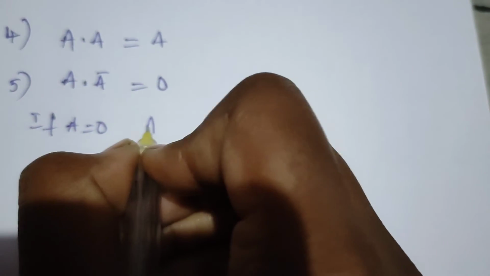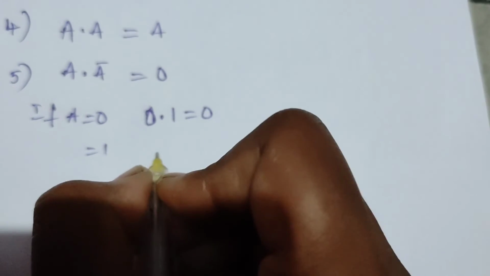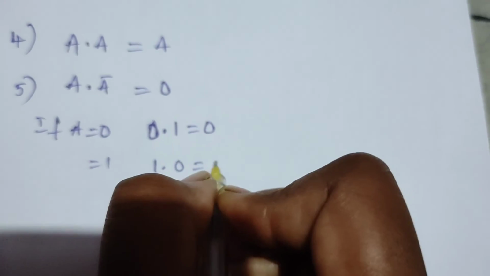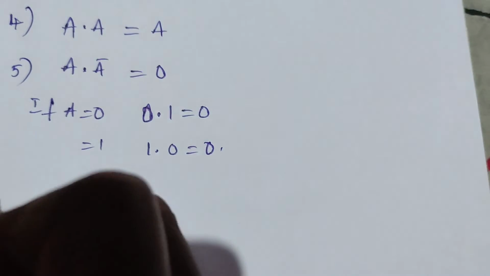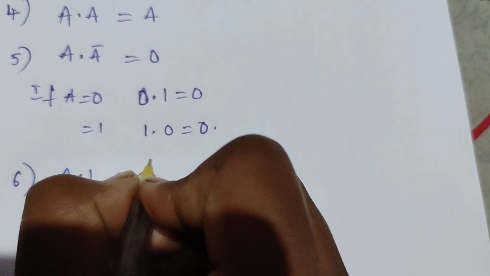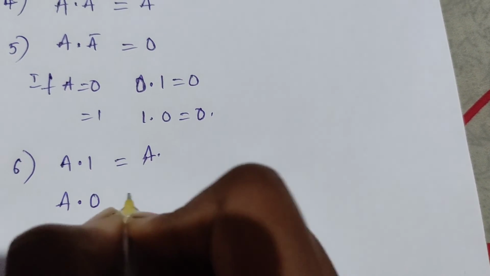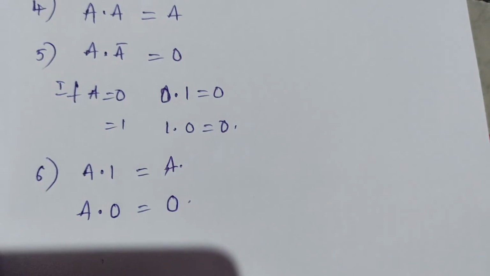Fifth, a dot a bar is equal to 0, that is, if a is equal to 0, 0 into 1 is equal to 0, and if a is equal to 1, 1 into 0 is equal to 0 only. Similarly, sixth one, a into 1 is equal to a, and a dot 0 is equal to 0.